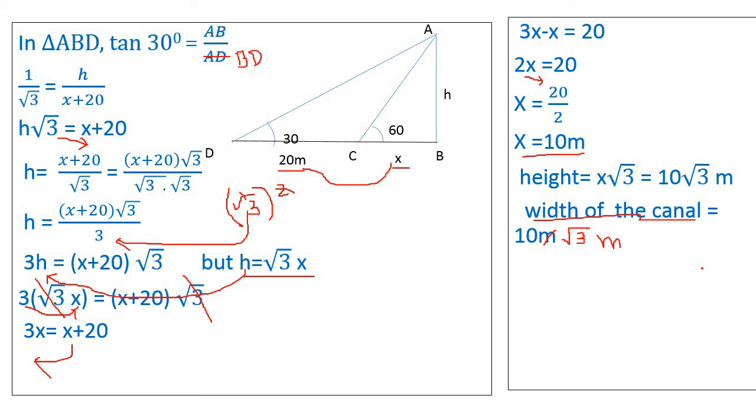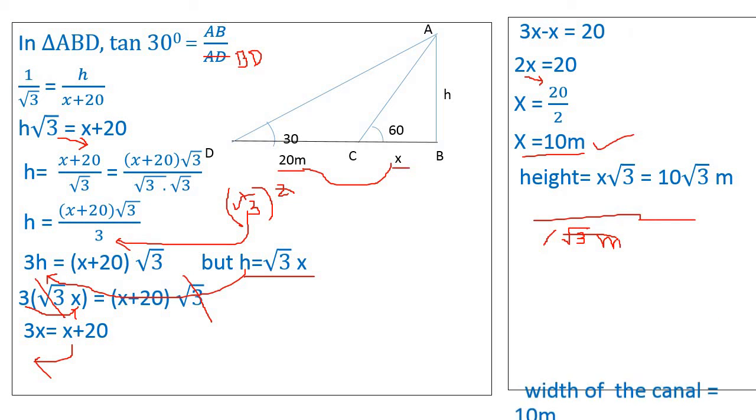This is how we can find the height of the tower and width of the canal. Here width is only x, which is the width of the canal. So this is width of the canal, 10 meter only, because x is the width of the canal.